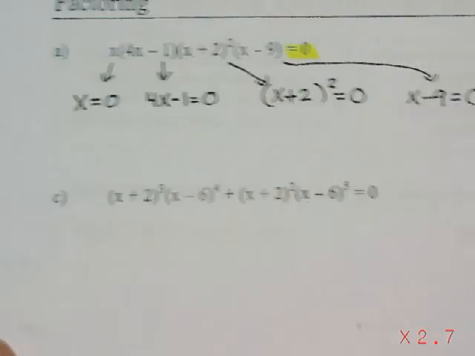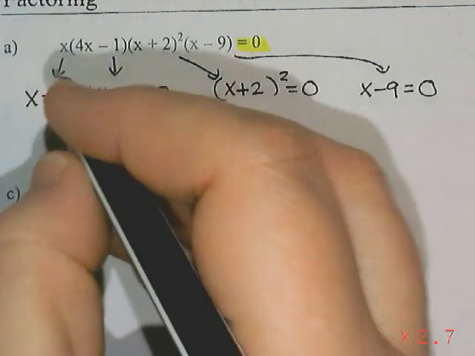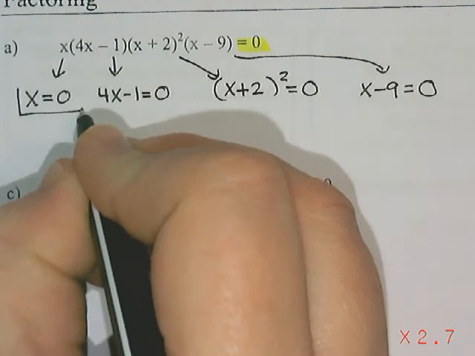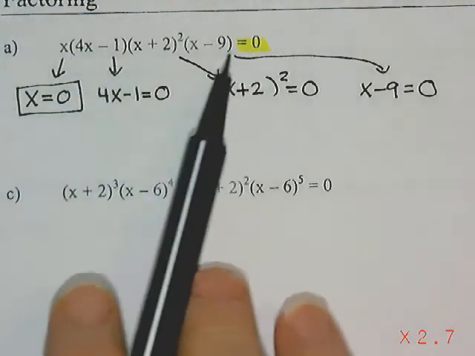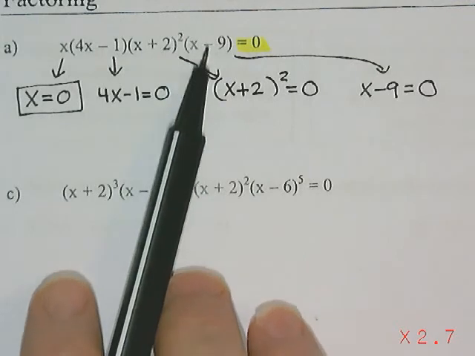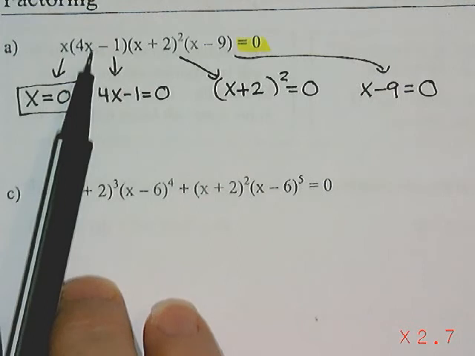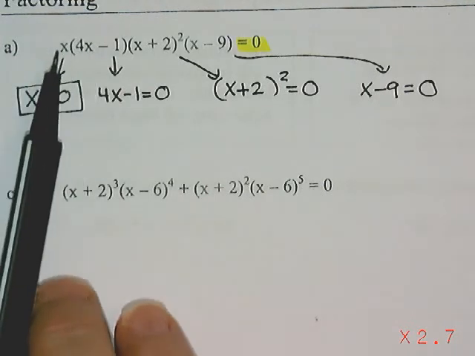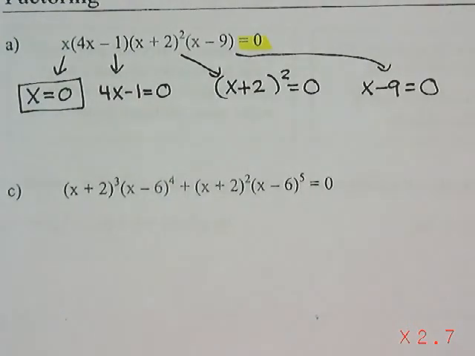Well, up first, x equals 0. I don't have to rearrange anything. It's just x equals 0. If I were to put 0 into this equation, I would get negative 9 in this bracket, I would get 2 squared, which is 4, in this bracket, I would get negative 1 in this bracket, and then times 0. 0 times anything is 0, which would make it work out.